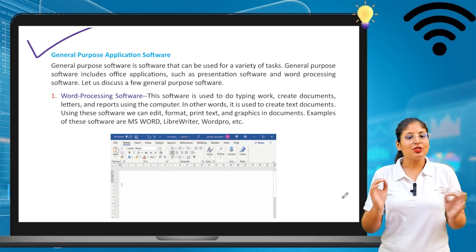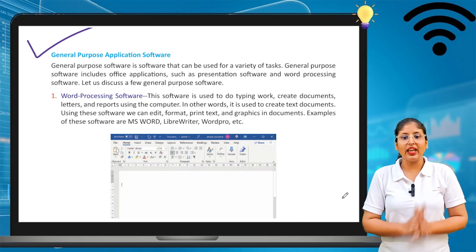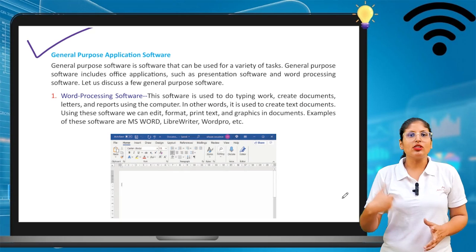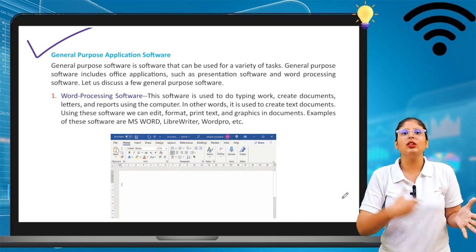General purpose software is software that can be used for a variety of tasks, because, as the name suggests, general purpose means software used for general purposes.